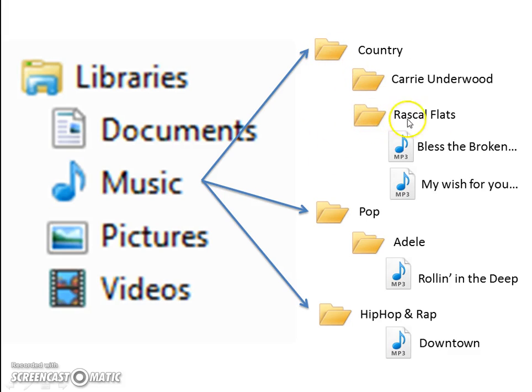Under Rascal Flatts, I've got two different songs here. Under pop, I've got another folder with an artist, and then in that folder a song. You can also just have regular songs out in the big folder. It's kind of up to you and how you want to organize things.